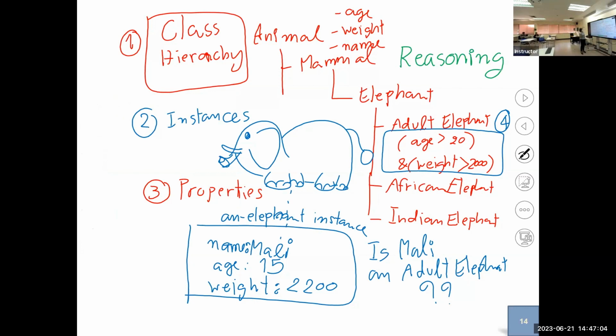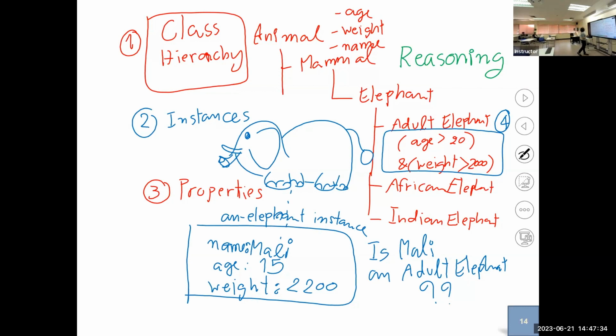So what does it mean by reasoning? It means that you derive new knowledge, even if it is not known. There might be some rules, some conditions, some concepts defined, and something that is known, but you derive something additional that is not given explicitly. That is called reasoning as well.